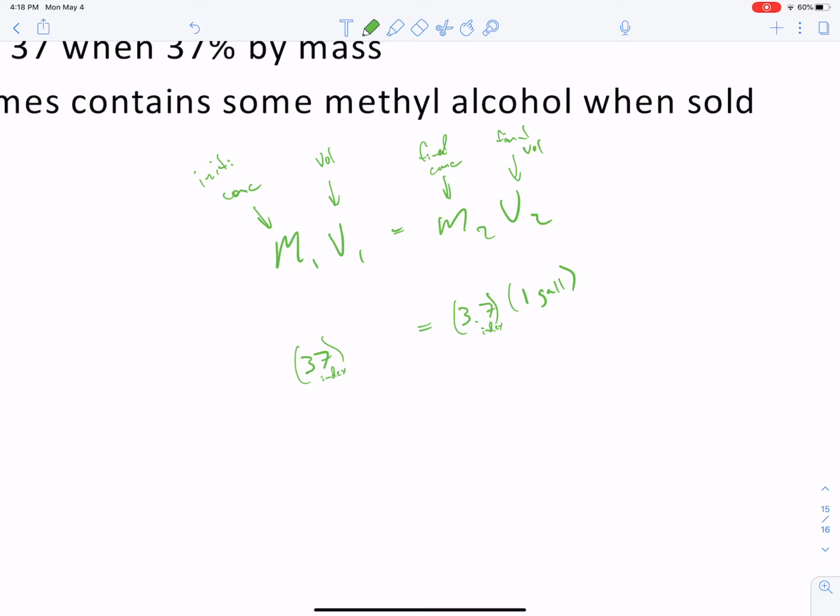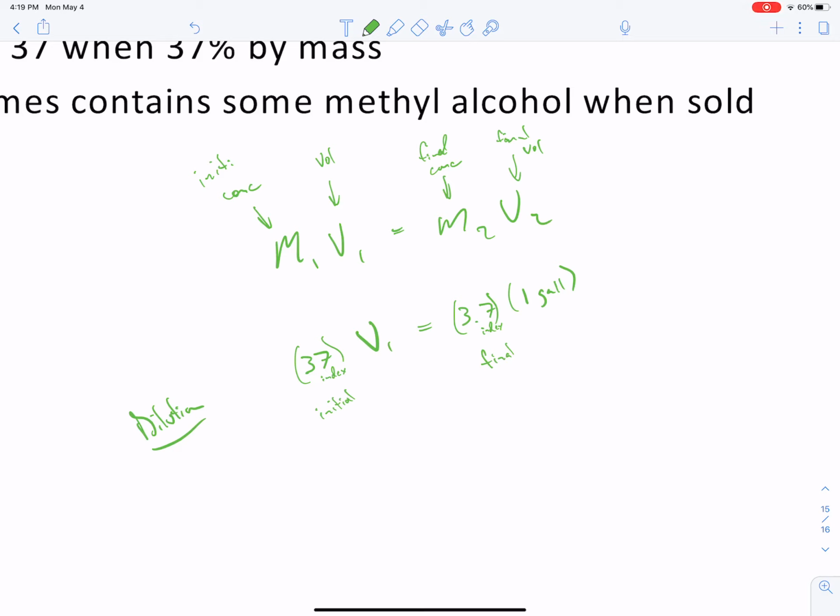What volume of that 37 index am I going to need? This is a typical dilution type problem. It's nothing terribly fancy. It says I start with an initial concentrated solution of formaldehyde of 37, and finally I end up with an index of 3.7. What volume do I need?